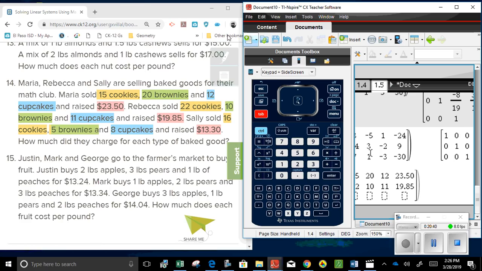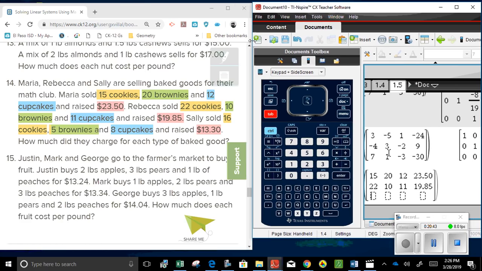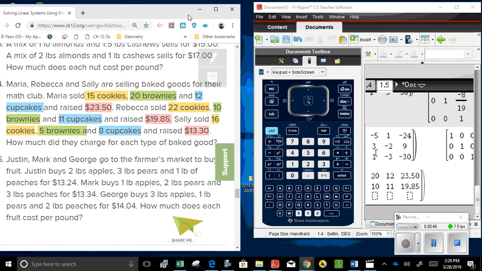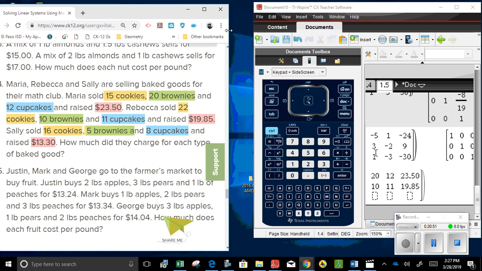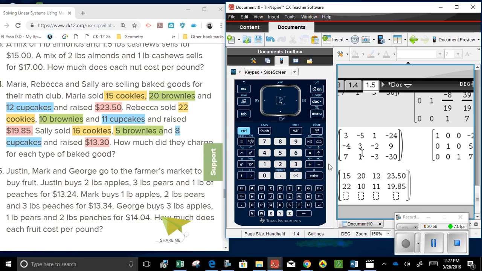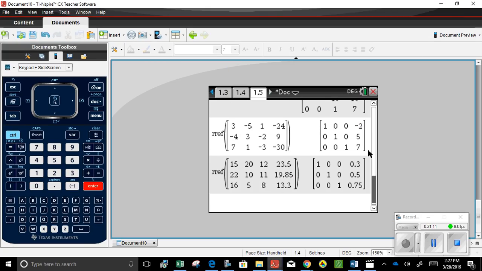And finally, this other person did 16, 5, and 8 for 13.30. So those are the facts. And so I open up the calculator and press enter, and there's my answer, 30 cents, 50 cents, and 75 cents. I could have also done the matrix equation by 3 by 3.